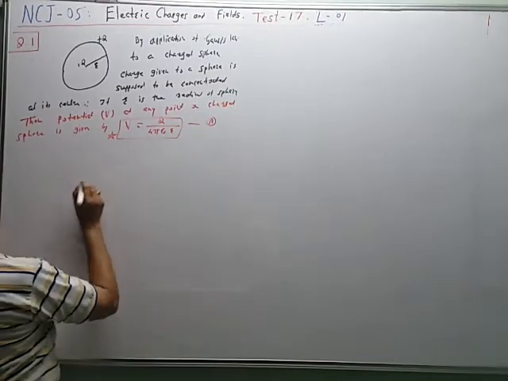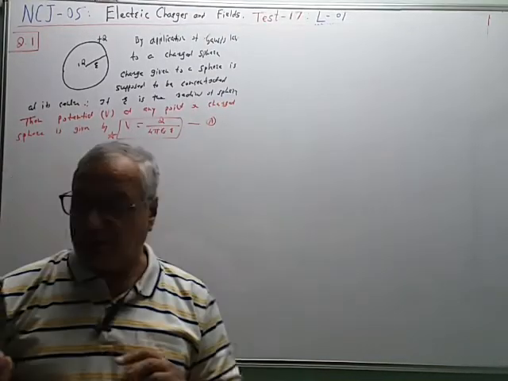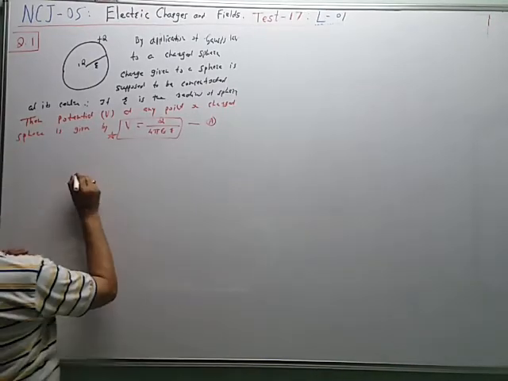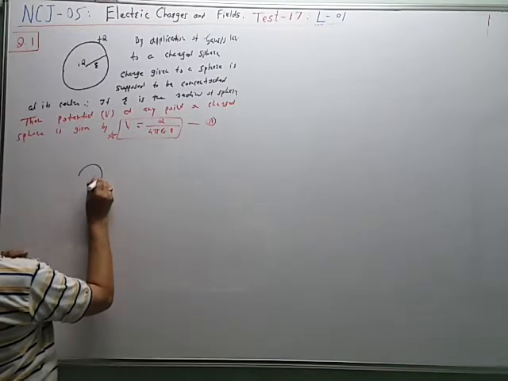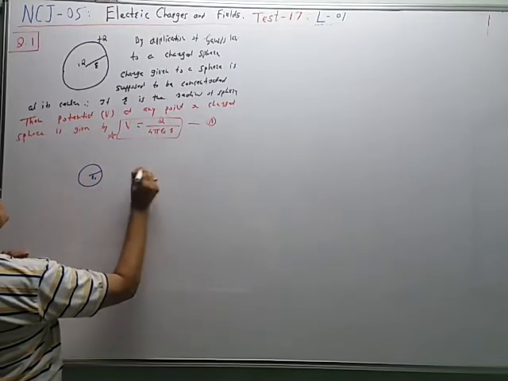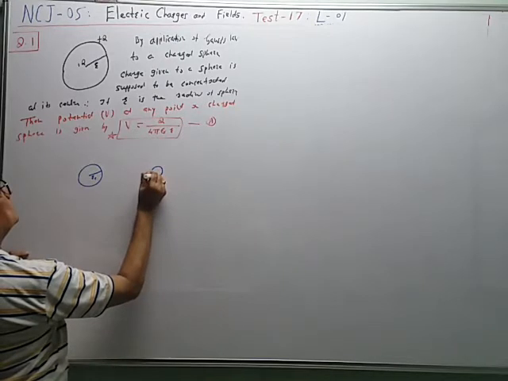the problem. So there are two spheres having different radii, 3 cm and 1 cm. I will draw the figure. This radius is R1. This radius is R2.